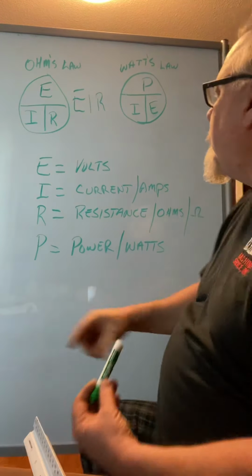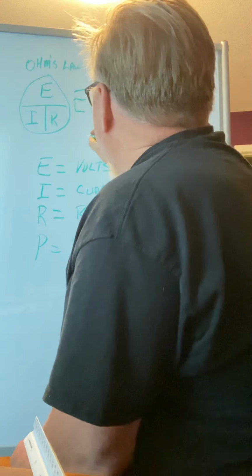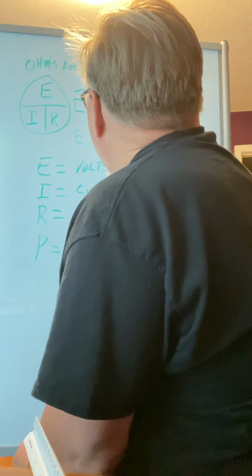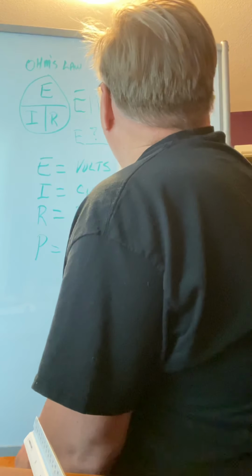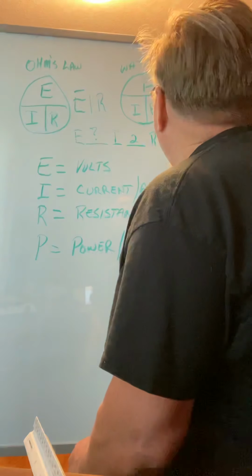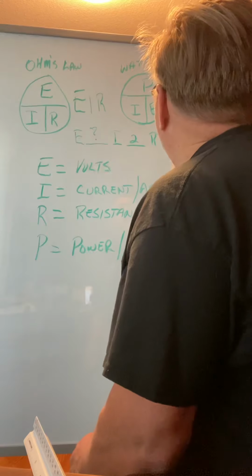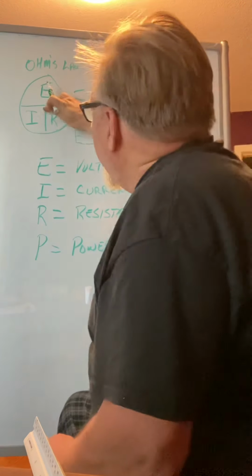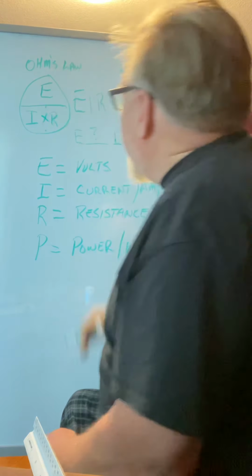So let's say that we want to find out the volts, we don't know what that is, okay? But our current is 2 amps, and our resistance is, let's say, 800, okay? So we're going to take current times resistance.